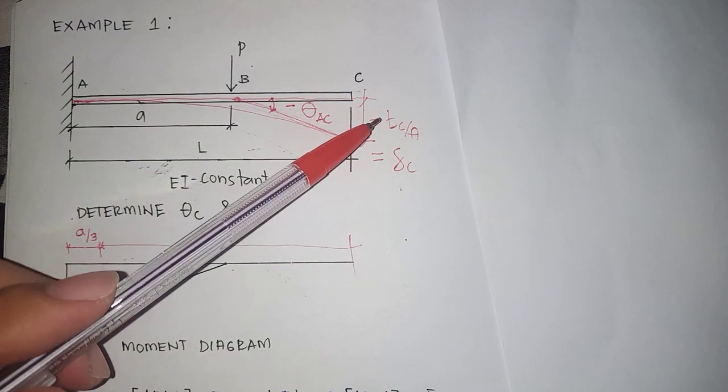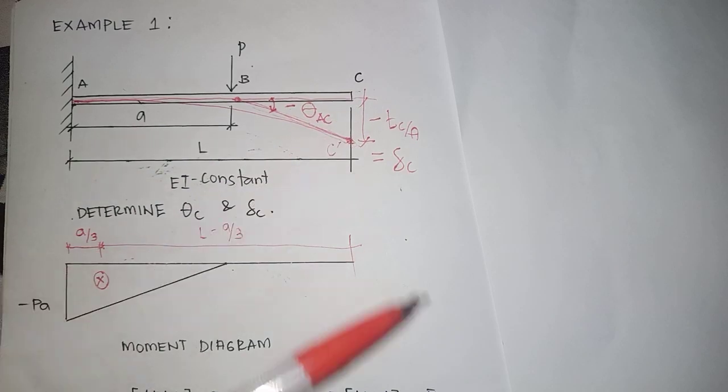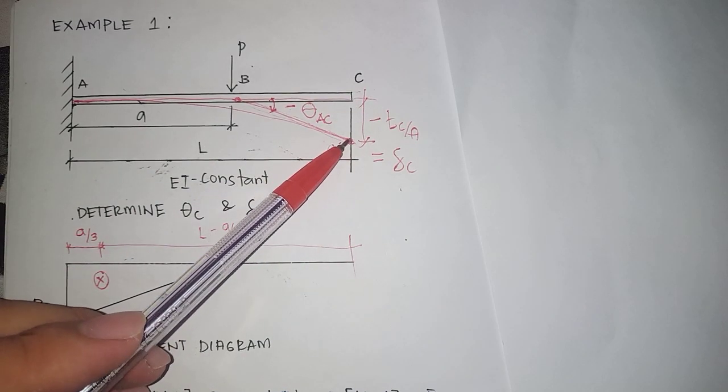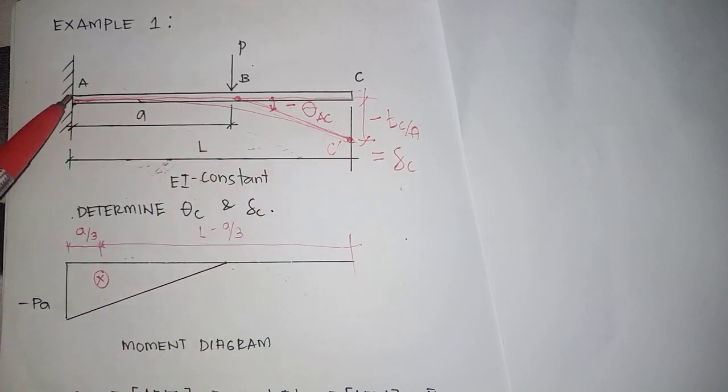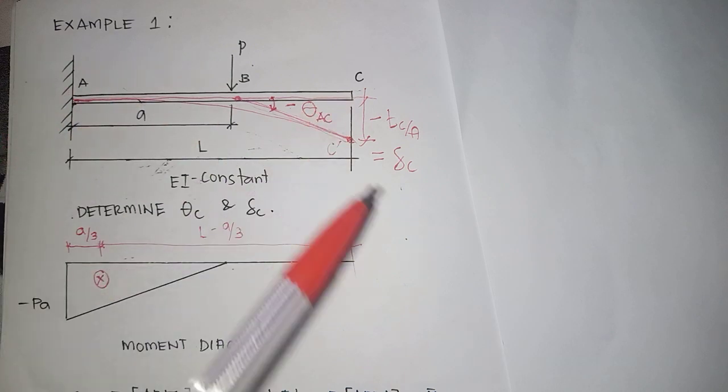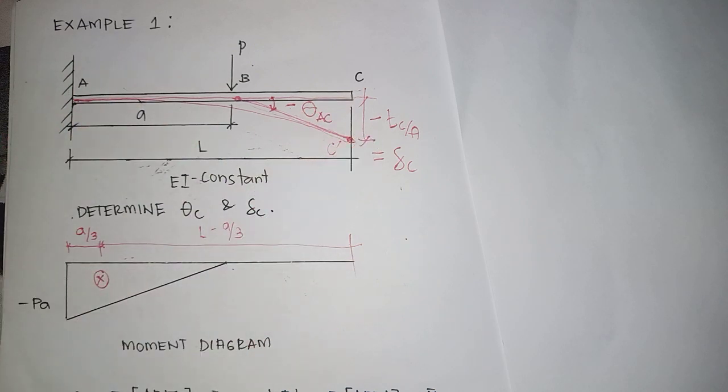Specifically, this is negative deviation TCA, because this is the deviation of point C relative to the tangent line drawn at point A. Negative nga lang kasi nga nasa baba yung point sa elastic curve as per our sign convention is concerned.